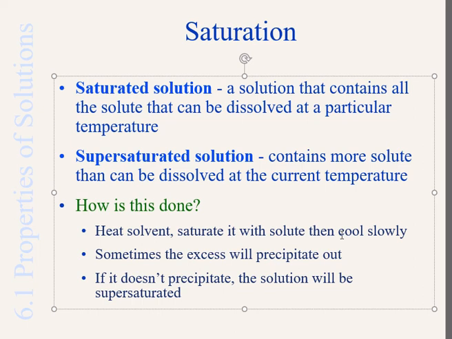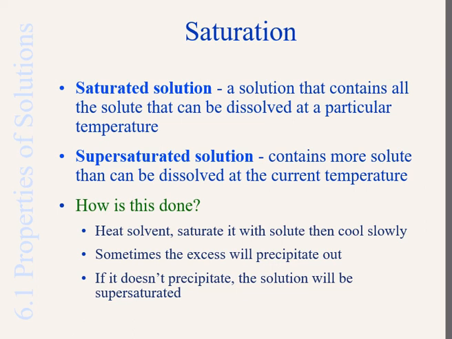But if you cool it slowly, sometimes it will not precipitate out, and as long as you don't agitate it or disturb it, what you have is a supersaturated solution. So that's a saturated solution at any given temperature where you can dissolve the max amount of solute, and a supersaturated solution where you have tricked it into dissolving more of the solute by heating the solvent first and then slowly cooling it down.